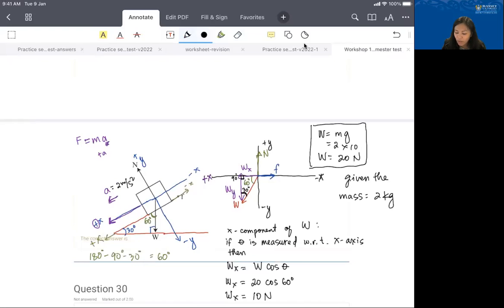So actually the weight is equal to 2 kilograms times 10 meters per second squared. So it's the 2 kilograms that we use to solve for the weight rather than the 2 meters per second squared, which is the acceleration. Yeah, good.